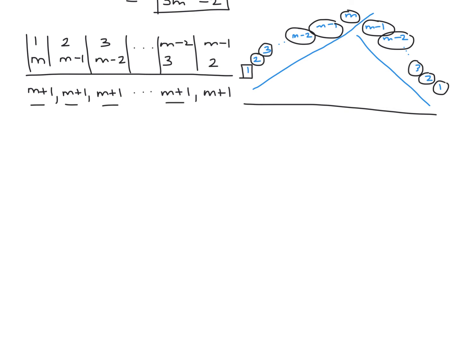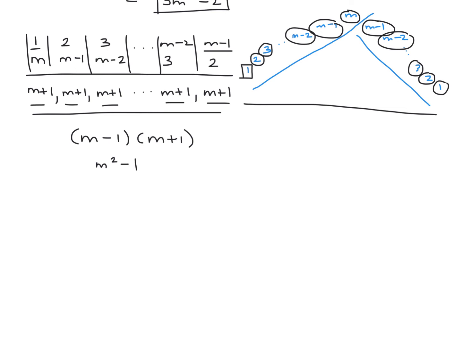Now, how many m plus 1s? We went from 1 to m minus 1, so m minus 1 of these m plus 1s. So that's the total of just this whole table, basically the sum of each tooth. Now, this is m squared minus 1.